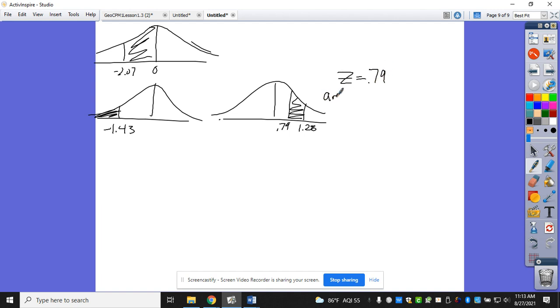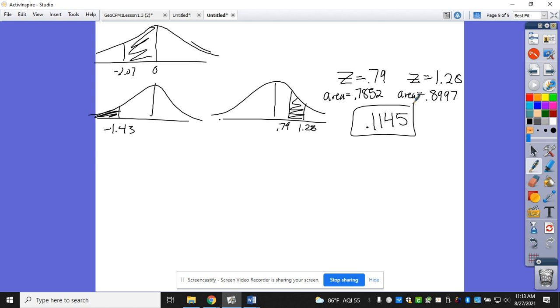Your area for 0.79 is 0.7852. 1.28. Your area is 0.8997 for an answer of 0.11. I'm just going to call out the answers for the next couple because I think they'll be fine with that.